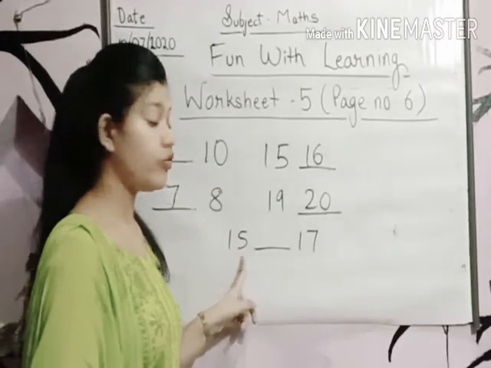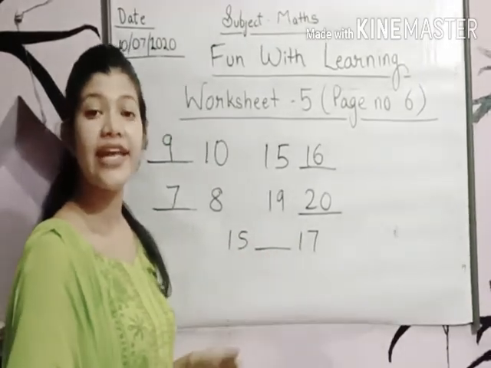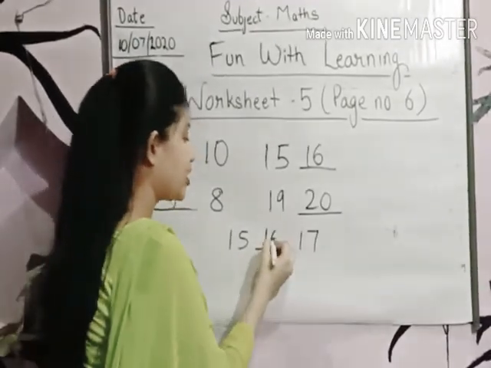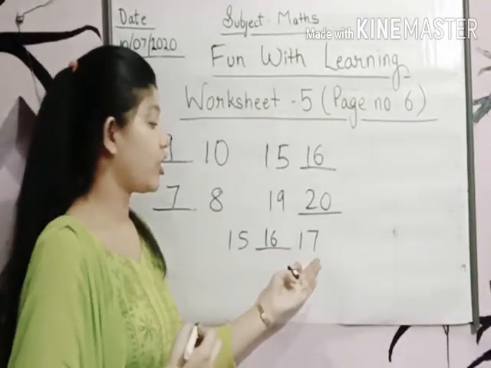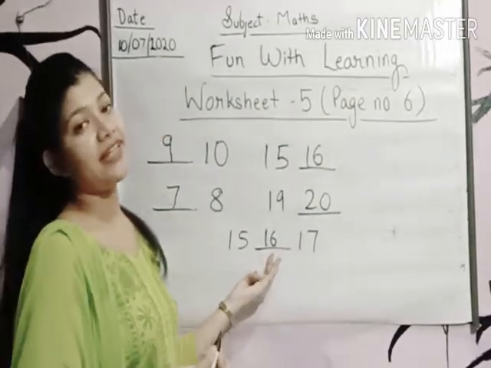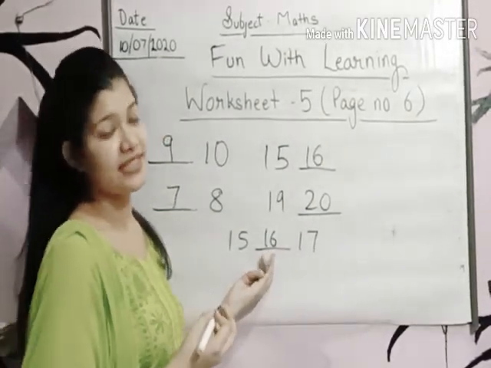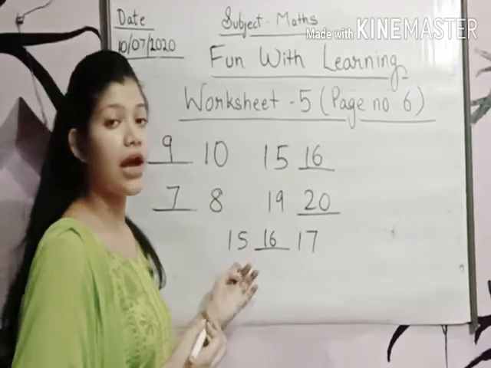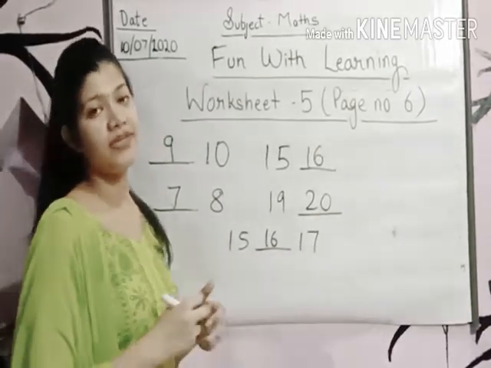What comes after 15? 16. Or you can also write like this: what comes before 17? The answer will be the same, that is 16. So these are between numbers.